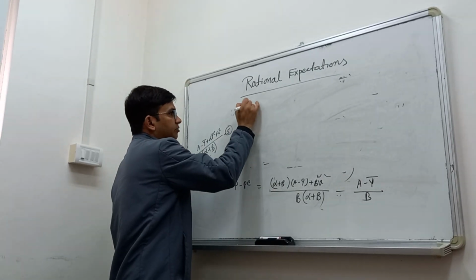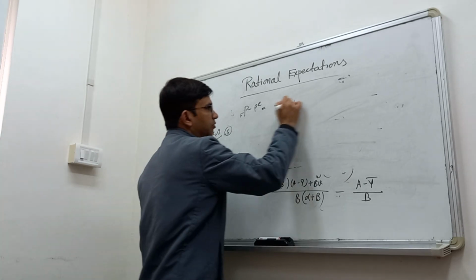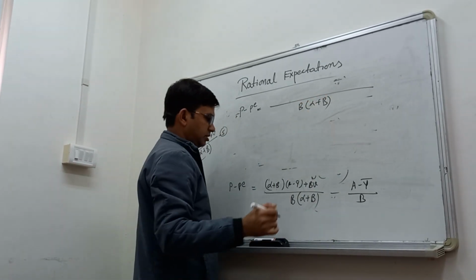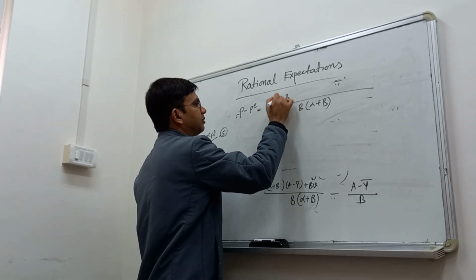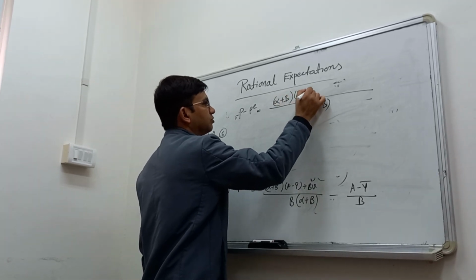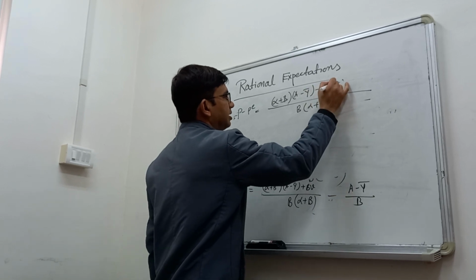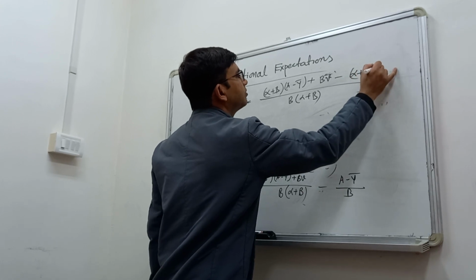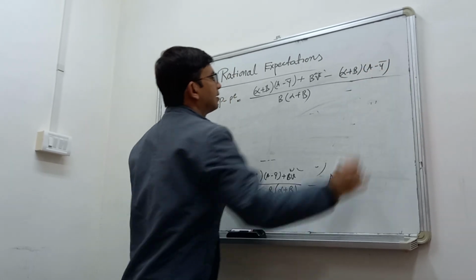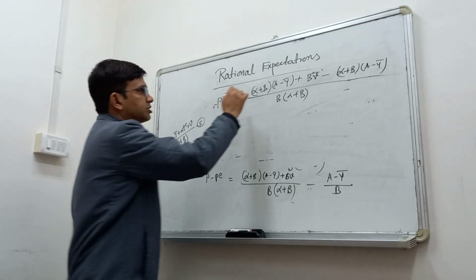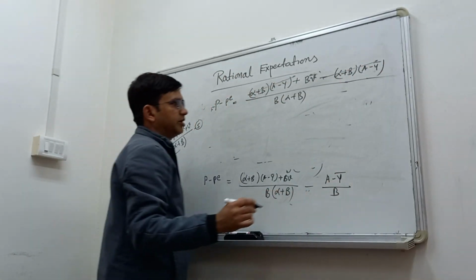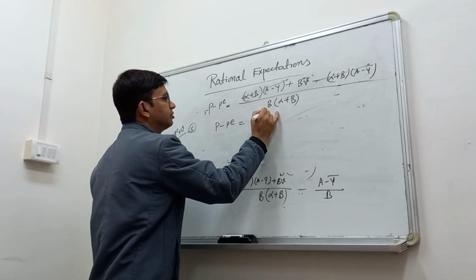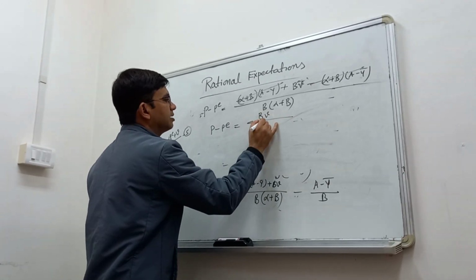So finally we get P minus Pe equals 1 by b into alpha plus b, so alpha plus b into A minus y bar plus b into v minus alpha plus b into A minus y bar. So these two, positive value and negative value, will be dismissed. And finally P minus Pe equals bv divided by b into alpha plus b.